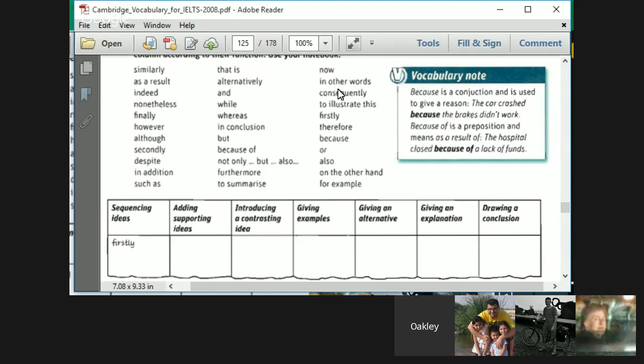In other words, it can be adding supporting ideas. Maybe this one is for me. It's maybe supporting ideas or an explanation, or better yet, a category we don't have, which is clarification. Really? Yeah. It's an explanation.